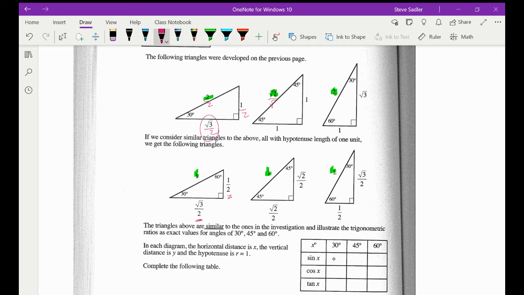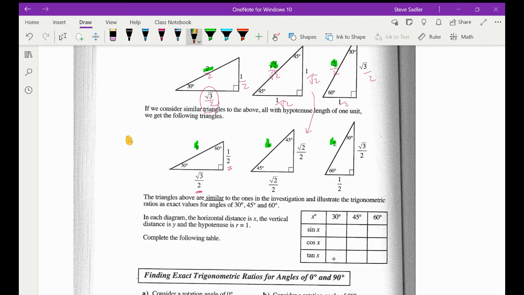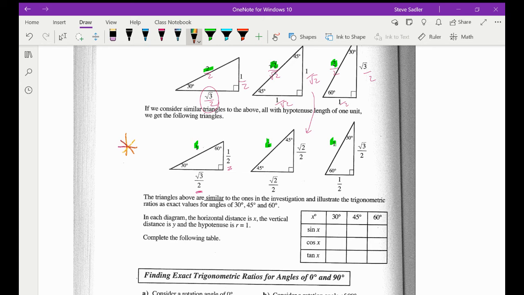Same thing in this case, we're going to divide by root 2. So we divide by root 2, divide by root 2, and this is rationalized, and this is also rationalized. And same thing over here, divide by 2, divide by 2. So now we have our special triangles here with a radius of 1 in all of them.